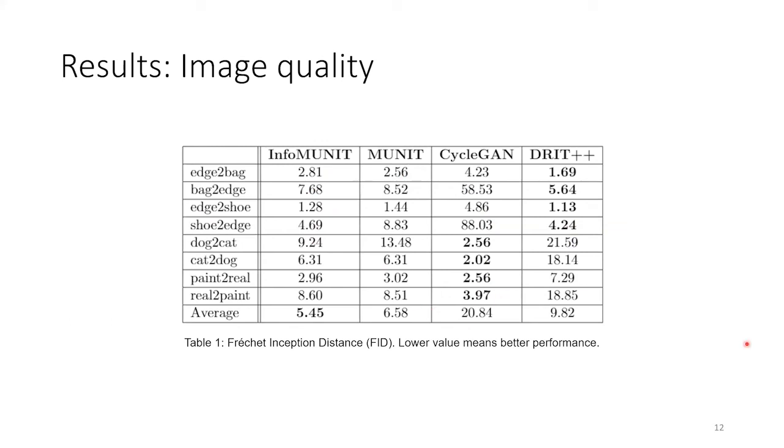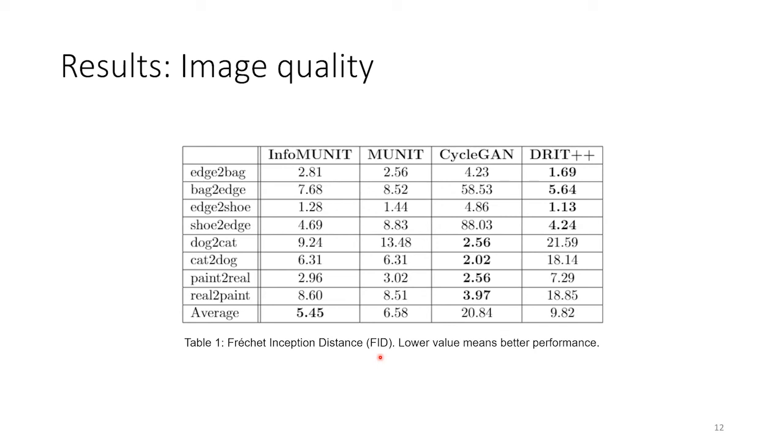That result, the quality of the images, is confirmed by this table. So here, as I said before, we apply FID to evaluate the quality of the generated images. And as can be seen here, even though InfoMUNIT does not outperform other methods in terms of image quality in any task, its performance is stable across all the tasks.